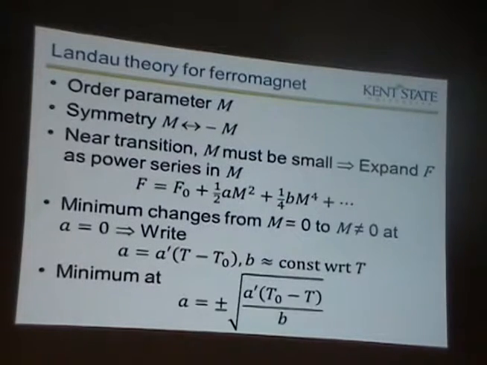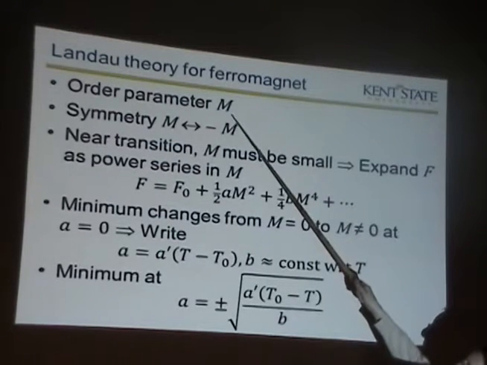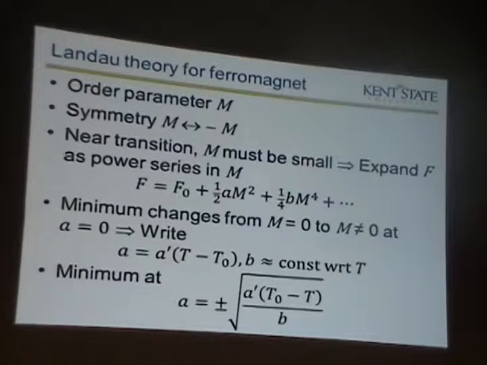But we want to see how a theory can have a nice smooth input and a singular output. Okay, so how would we do it for the Ising ferromagnet? So a ferromagnet where there's an order parameter m, and we think that there should be a symmetry in the energy between the magnetization pointing up and the magnetization pointing down.